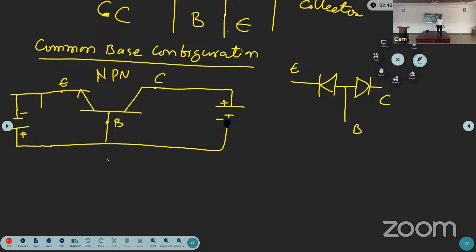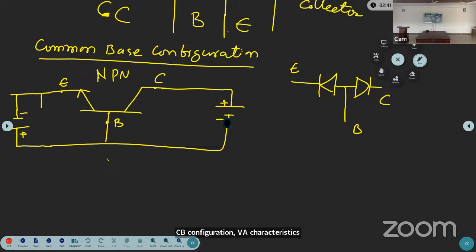Now this is the CB configuration, the connections. Now we need to draw the VI characteristics, the NPN transistor CB configuration VI characteristics.